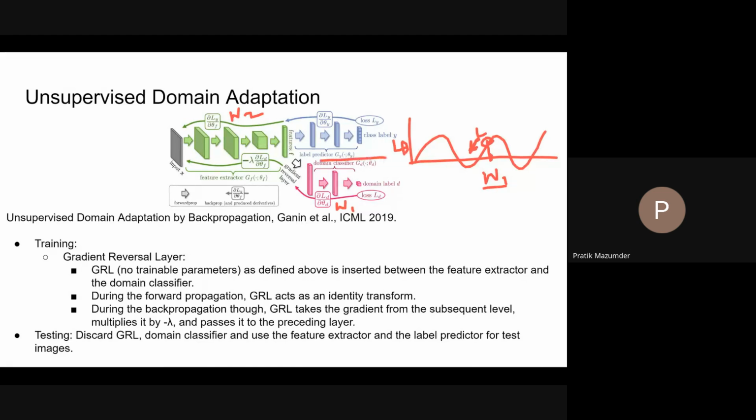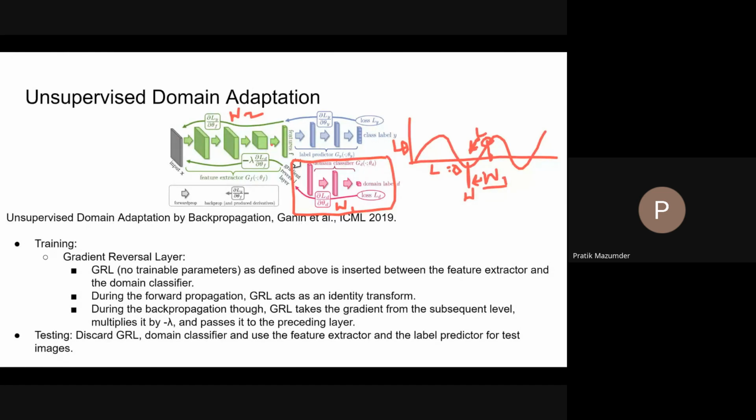Only consider this particular portion for now. Now you shift your W so that it comes somewhere over here, where you have a very low loss. I think this would be 0, so you get a 0 loss. If you continue to do that, your domain classifier gets trained very well, and it has a loss of 0. That means it is working very fine.